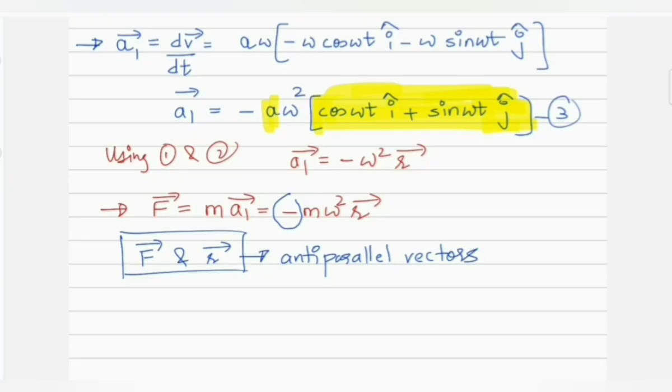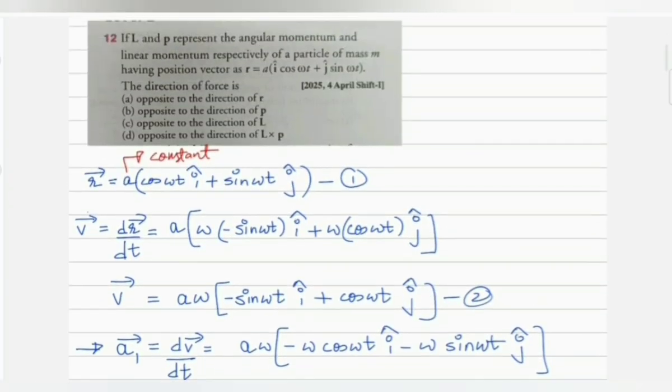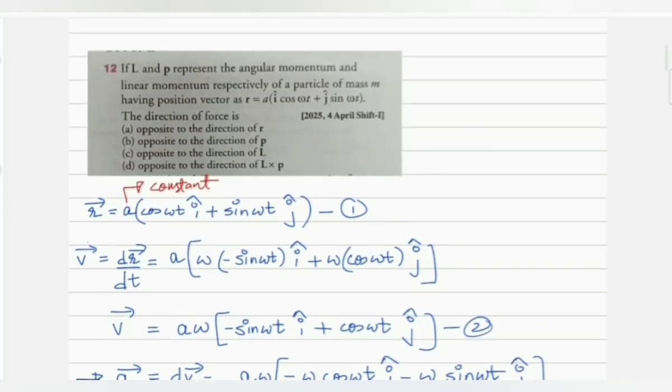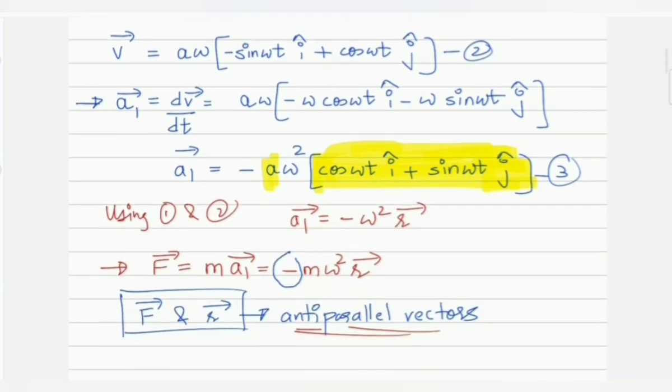That means, students, the angle between force and position vector will be 180 degrees. So that means your answer should be option A, students. The direction of force is opposite to the direction of r vector. Alright, completed.